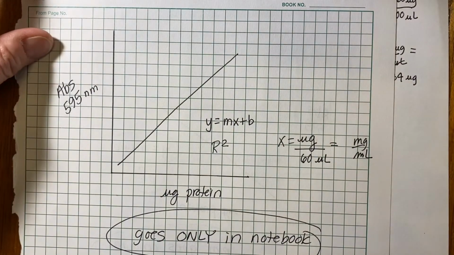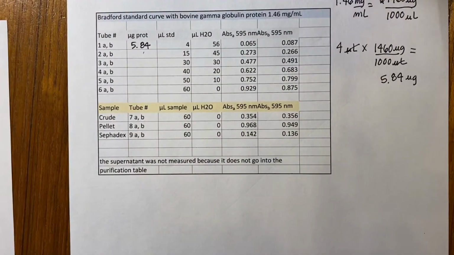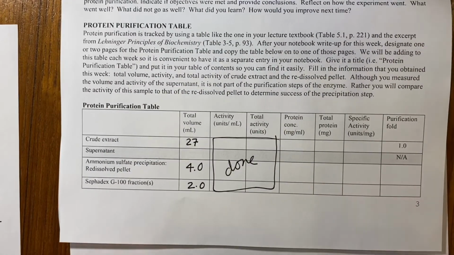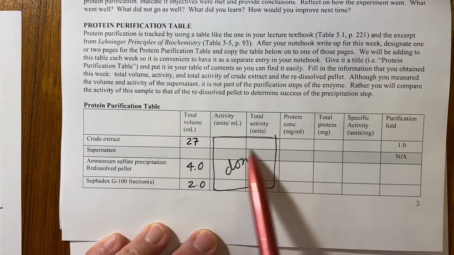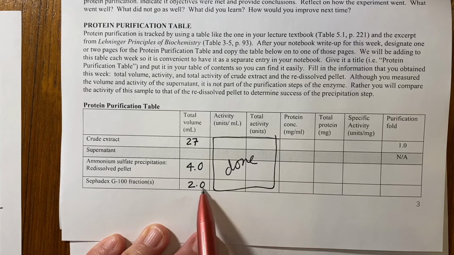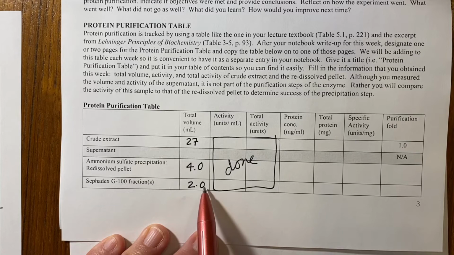And that concentration you put in your purification table for each of those 3 samples. So if you remember that table from the first week of the lab, these values should be done already. Here are your measured volumes. And then for the final one that you should have calculated at the end of this week, it's 2.0 for the volume.